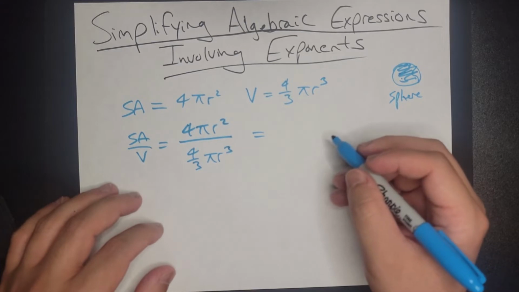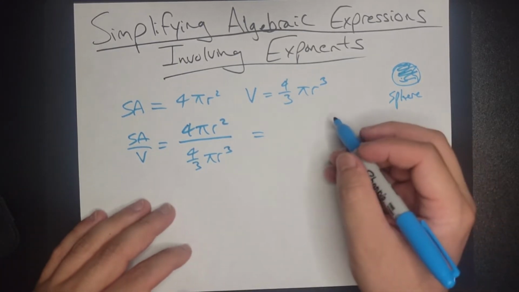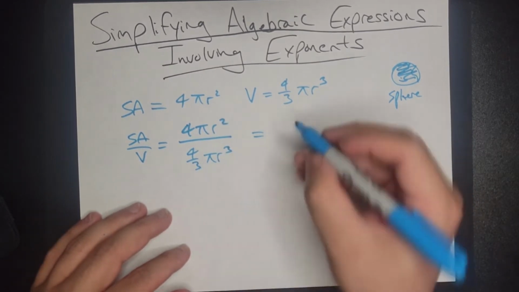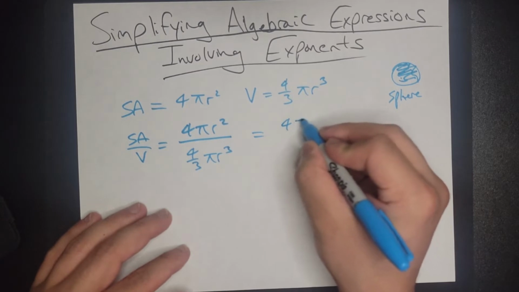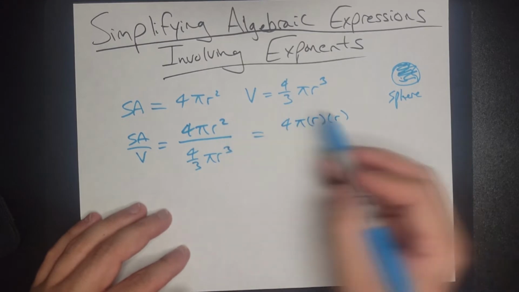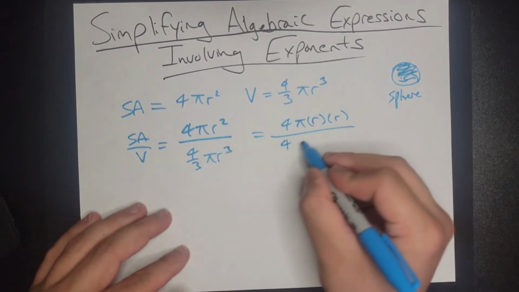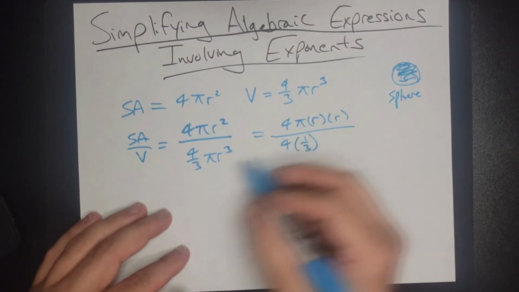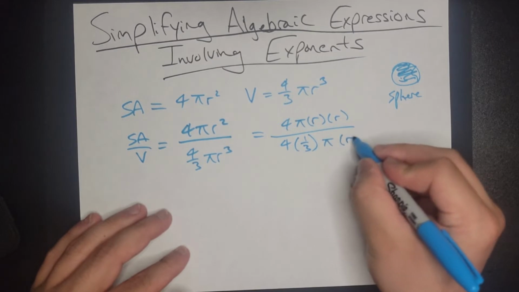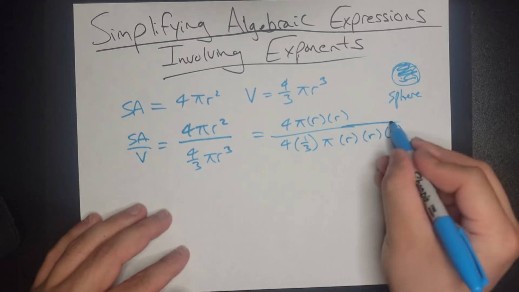From our previous videos, we know that we can start canceling things. Let me write this out a little bit more. R squared is the same as saying R times R, and in the denominator I have a 4 times a 1 over 3, which gives me 4 over 3. I have a pi, and then I have an R, R being a radius.